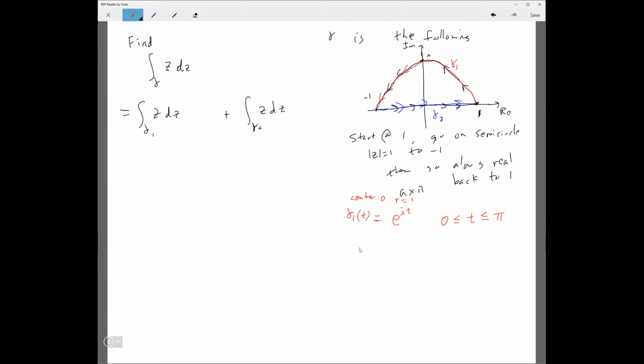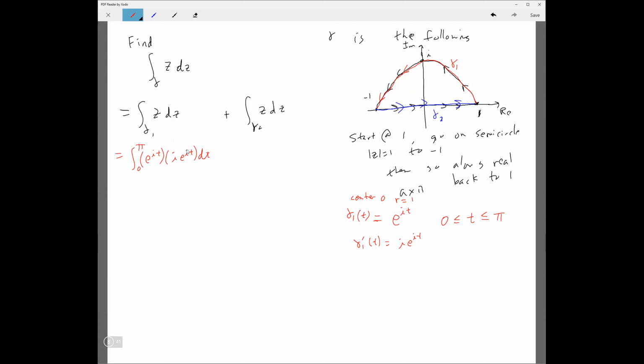And then gamma 1 prime of t will be i e to the it. So the first one's going to be 0 to pi of the z gets replaced with this, the dz gets replaced with this dt. Okay, so we got that.